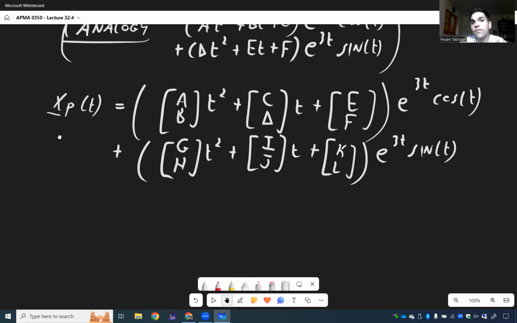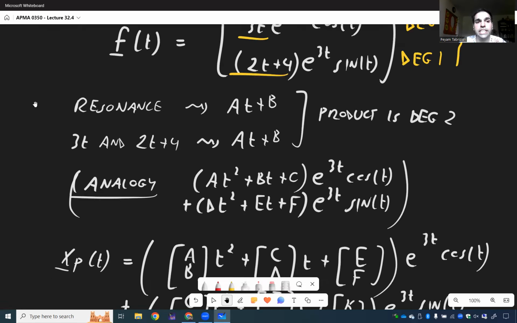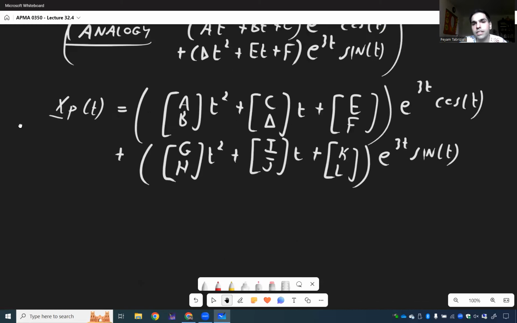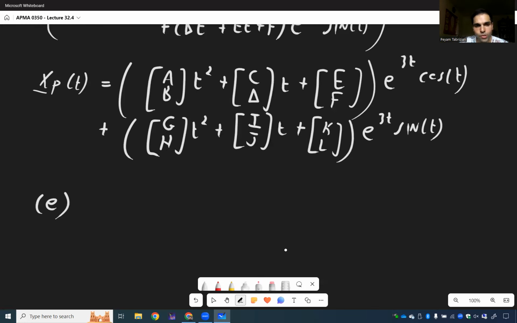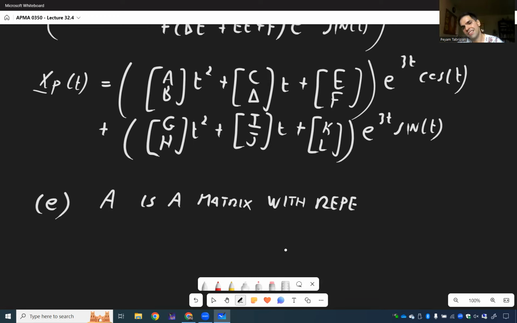And the last thing I want to mention is just repeated eigenvalues, which again, is rare, but it could happen. So A is a matrix with a repeated eigenvalue, lambda equals 2.